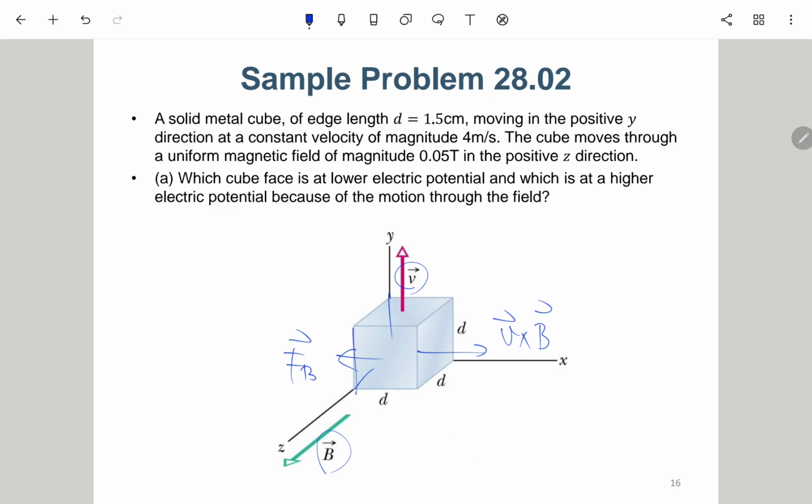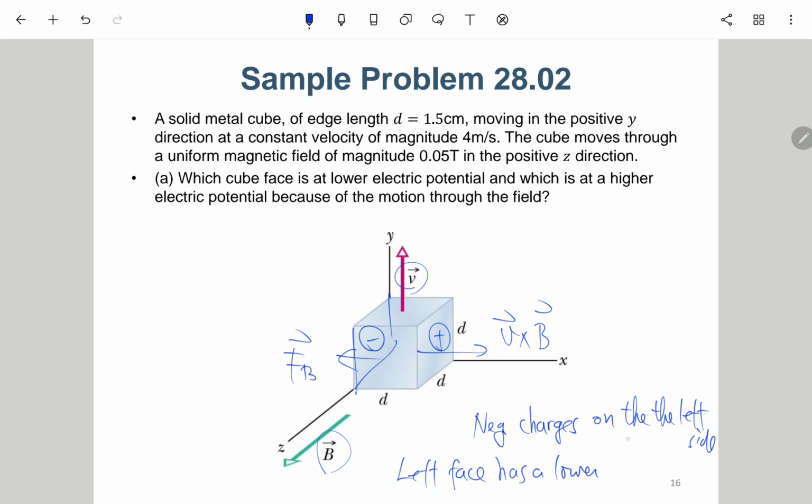In such a way, negative charge accumulates on the left side, which means that the left face has a lower potential.